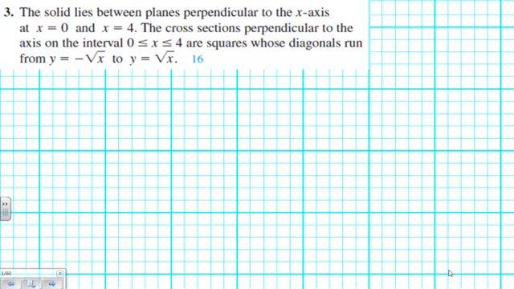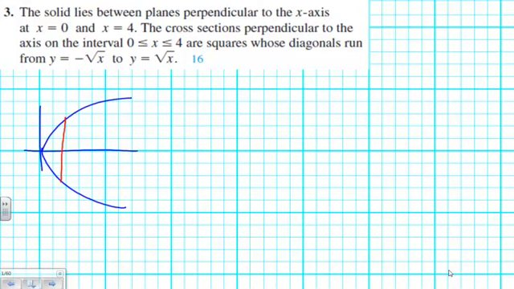Cross sections perpendicular to the axis are squares whose diagonals run from y equals negative square root x and y is equal to positive square root x. So there's the two curves that we're running in between. These things are running perpendicular to that axis.